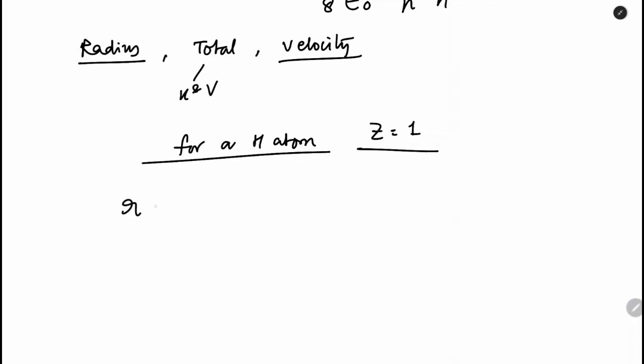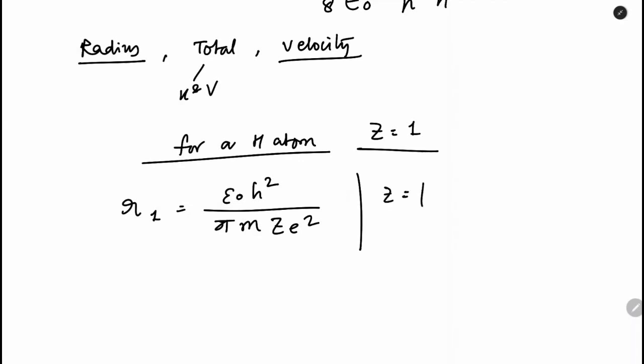So radius would be equal to R1, let's call it R1, epsilon naught h square divided by pi m Z square. If Z is equal to 1, then we have all the values here. This is a constant, pi is a constant, mass of the electron is a constant, charge of the electron is a constant, Planck's constant is there.